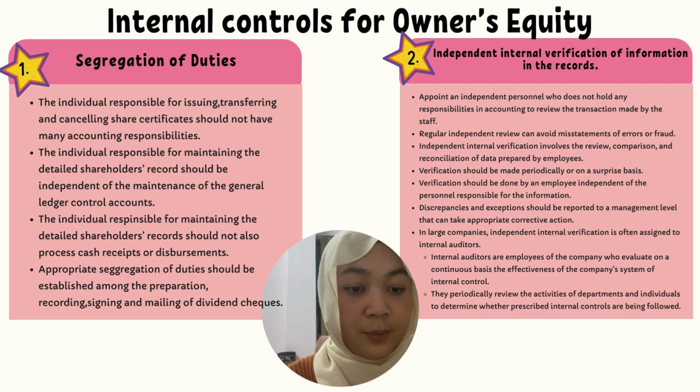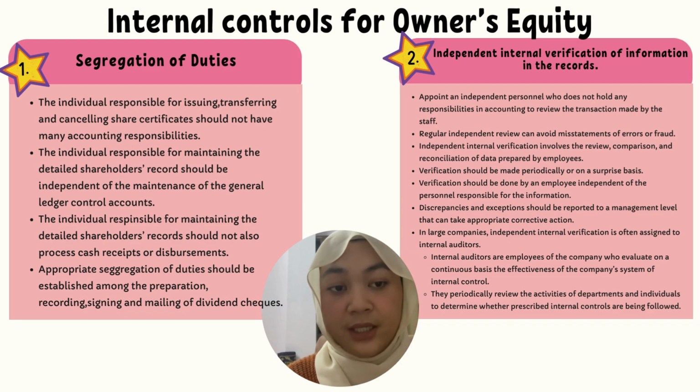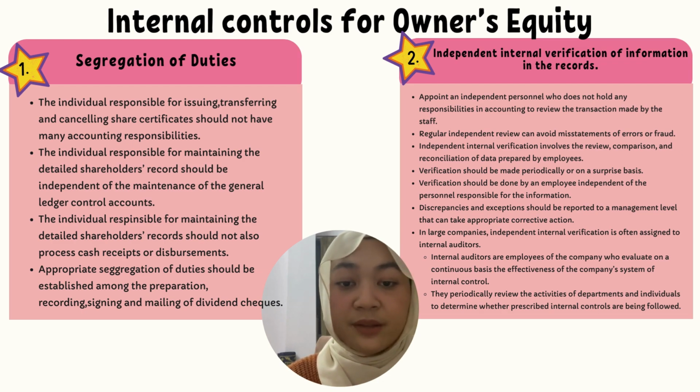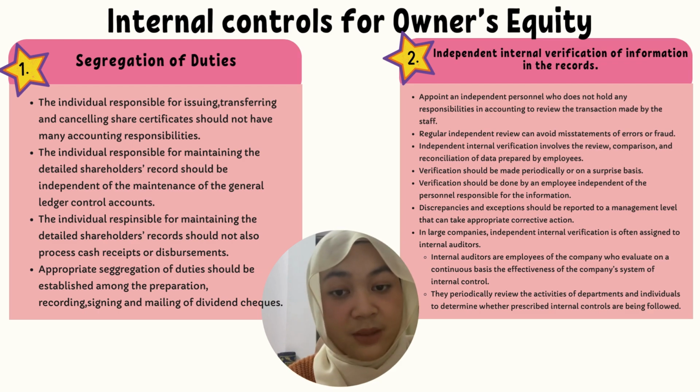The next bullet point is third, the individual responsible for maintaining the detailed shareholders' records should not also process cash receipts or disbursements. Why? Because by separating these duties, the risk of embezzlement and fraudulent transactions is minimized.